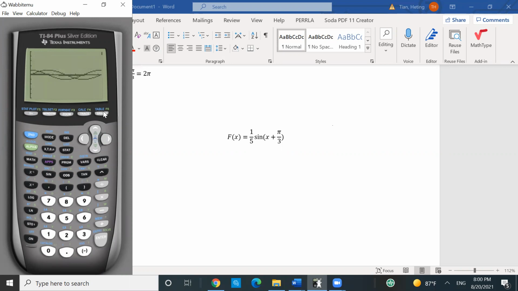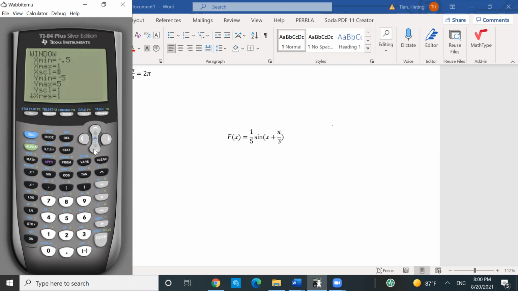Oh, the graph is so tiny, it's hard to see. I can change the window. So the x minimum, I can make it negative 0.5. And then the maximum, I can make it 1, try 1.